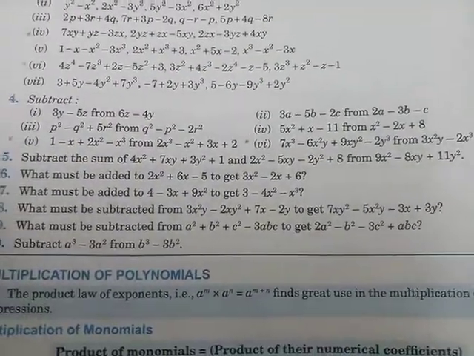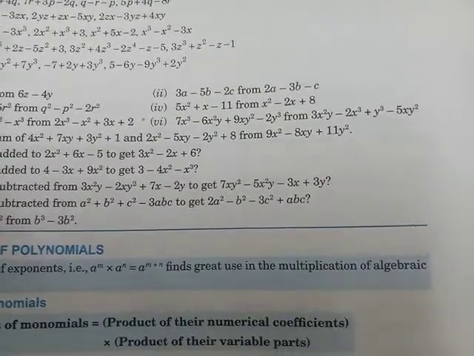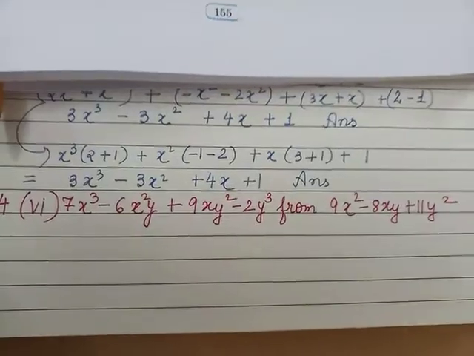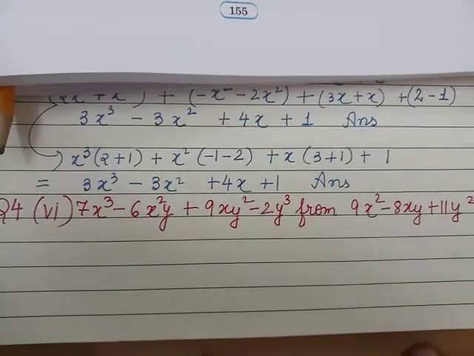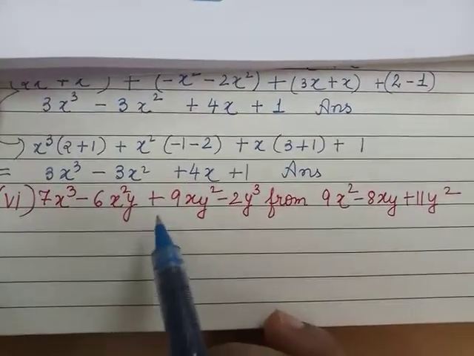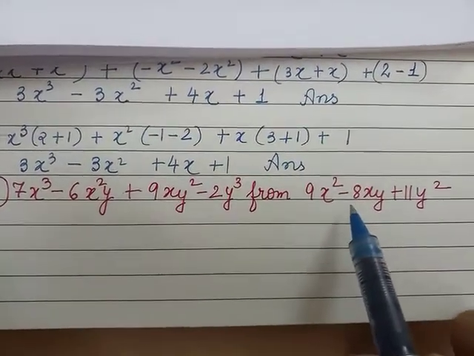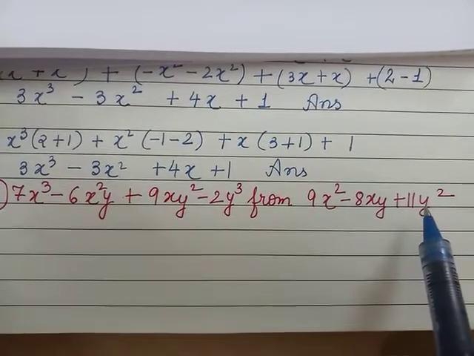Now I proceed with question number 4, 6 part, that we will do vertically. How we do it vertically? After the word from, we have 9x square minus 8xy plus 11y square.